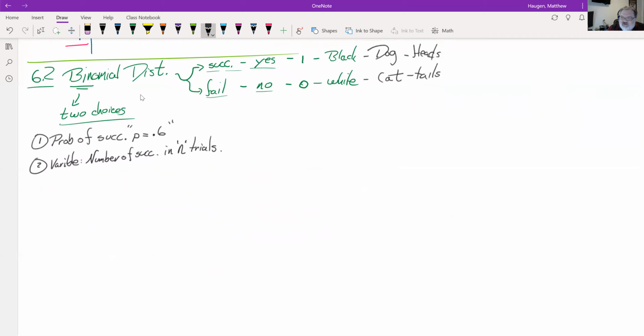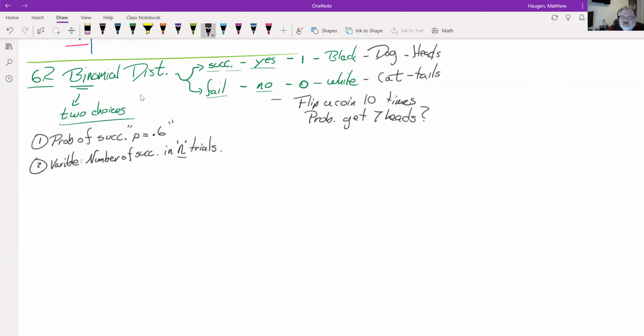So imagine you flip a coin 10 times. That's our n trials. What is the probability that we get, say, 7 heads? That would be a binomial distribution problem.